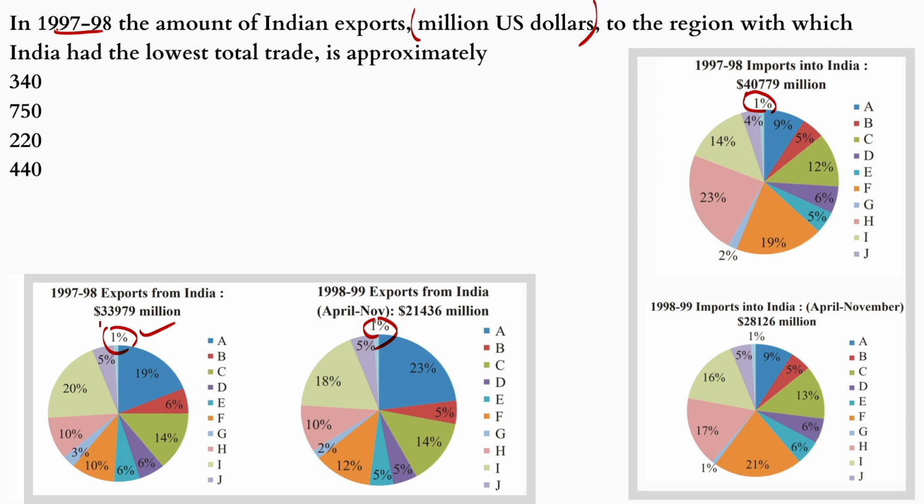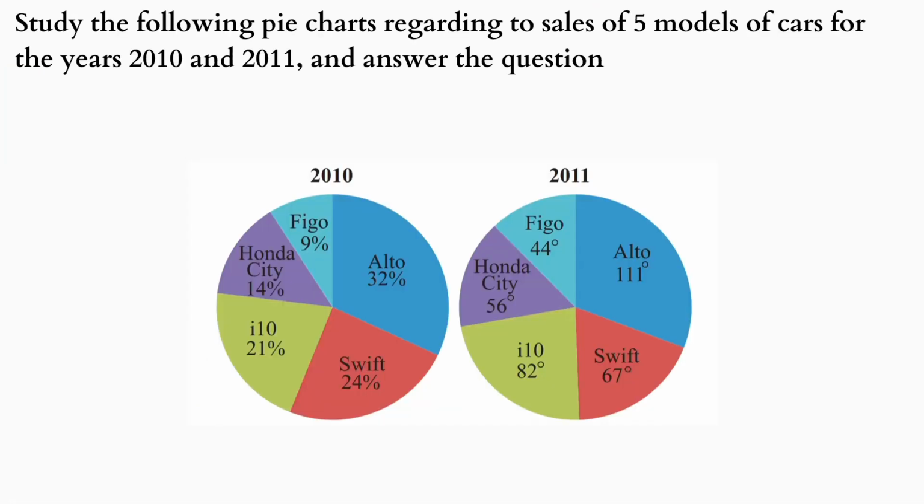So 1% of 33,979. What is the value? So 10% of 33,979 is 3,397.9, and 1% is 339.7, and this is approximately 340. Let's move on to the next pie chart.